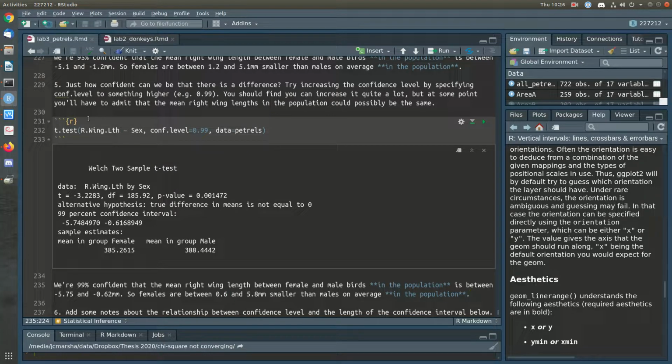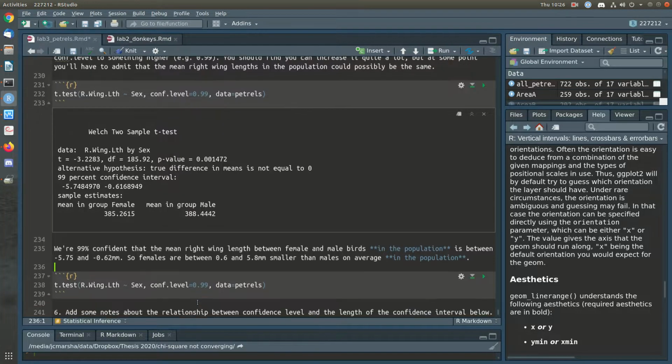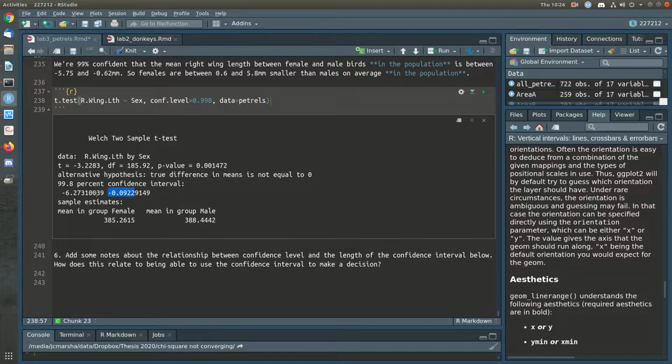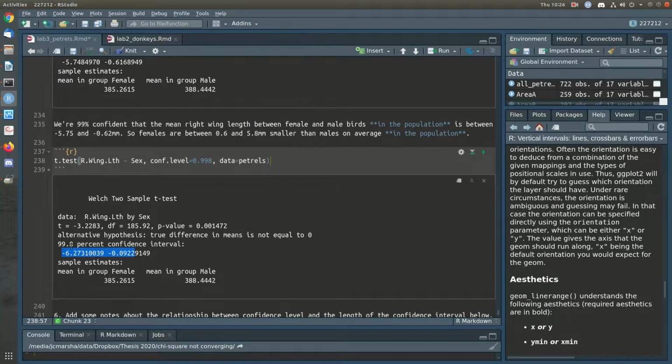Okay, and you can expect that if we increase the size again at some point, so say we could be 99.8% confident, then again we're still confident of the difference because these are both negative numbers, right? But the magnitude of the difference is getting quite small at the high end.